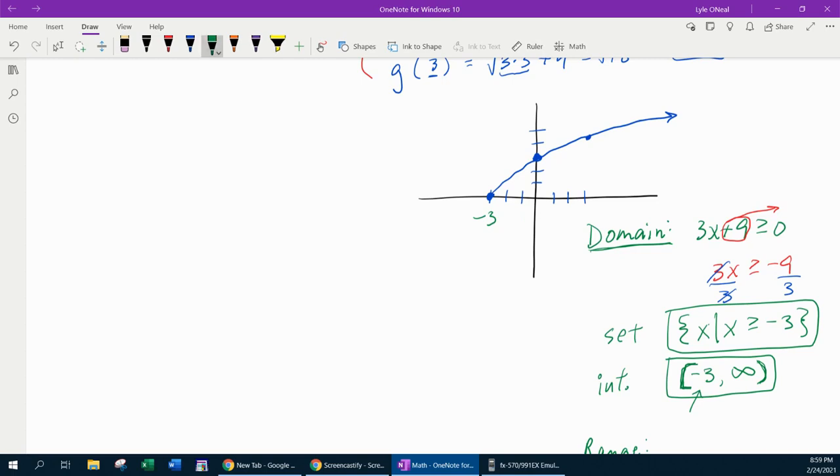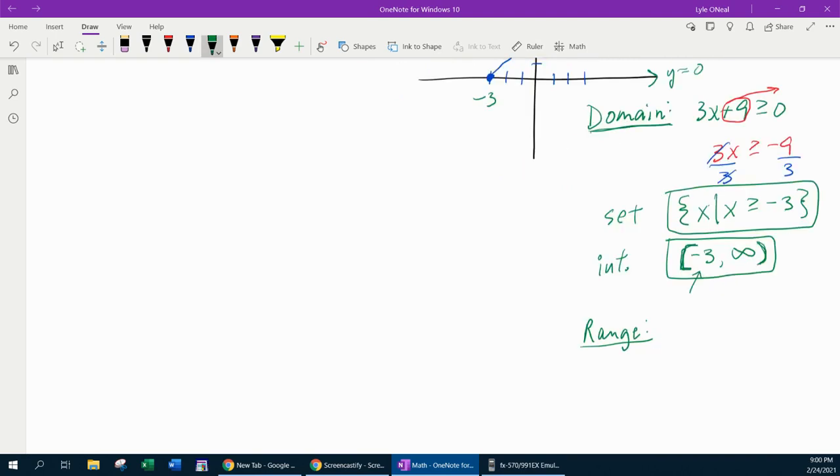It's going to start on the x-axis, which is at a y value of 0, and then notice that it's going to increase forever. So the farther this goes to the right, the more it's going to increase upwards. So the range is going to go from 0 to infinity.